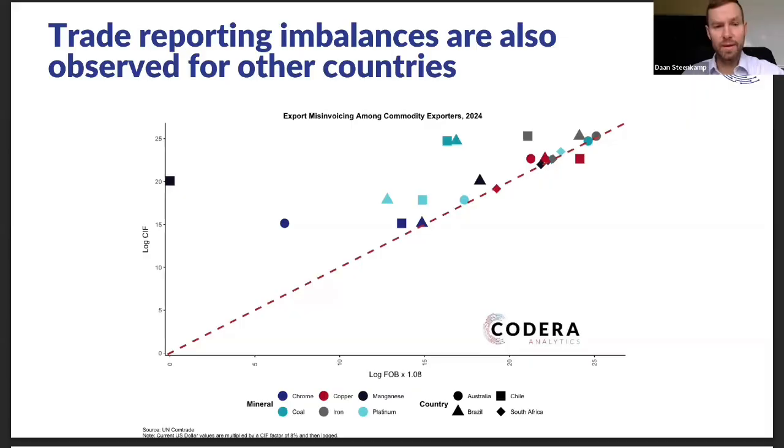So the data limitations are not just limited to South Africa, but affect many countries, and they compromise our ability to accurately measure trade flows. And then lastly, you can see that the clustering of countries along this 45-degree line suggests that the use of an 8% CIF factor is a reasonable assumption.